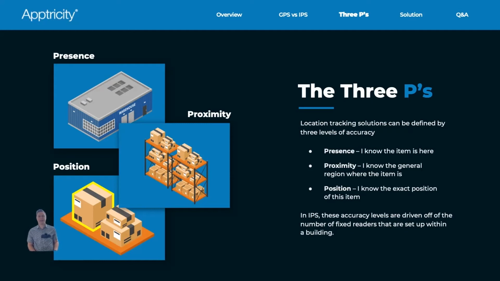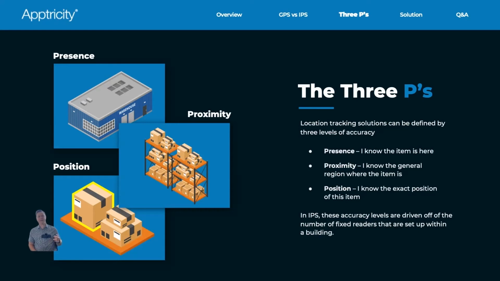So one of the components of an IPS system is you essentially have this scale, right, of read accuracy on one end and cost savings on the other. The more readers you put up, the higher the accuracy will be. And there's two components to that: the trustworthiness of the data, and the accuracy of the read.